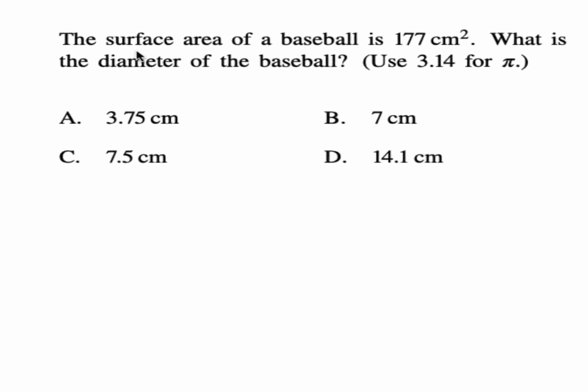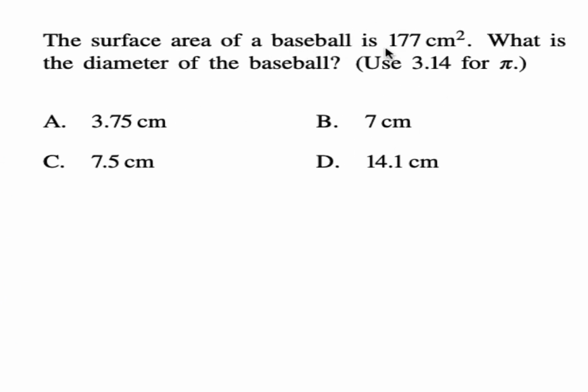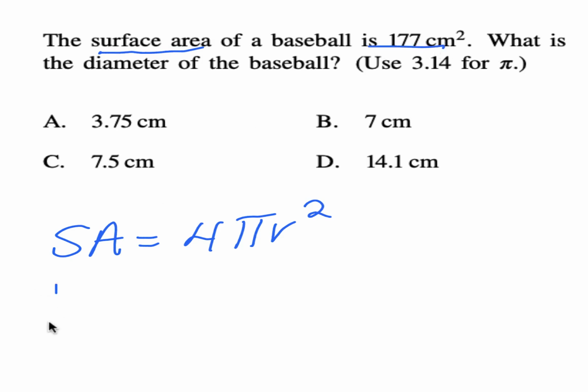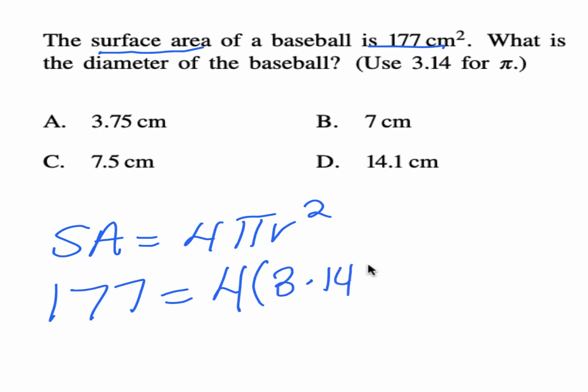Last one, it says the surface area of a ball is 177 square centimeters. Now notice here they're asking what is the diameter of the ball. And in this problem, they're saying use 3.14 for pi. So again, SA equals 4 pi r squared. Now I know the surface area. It's 177. For pi use 3.14.